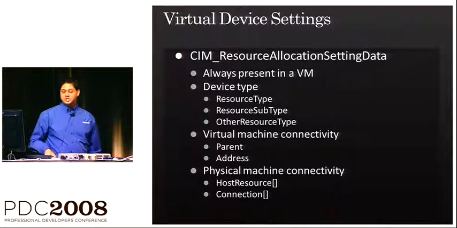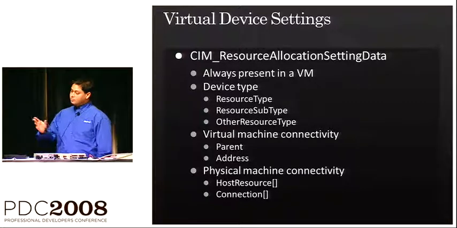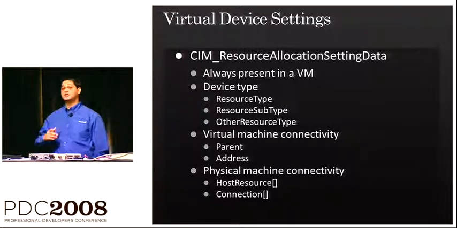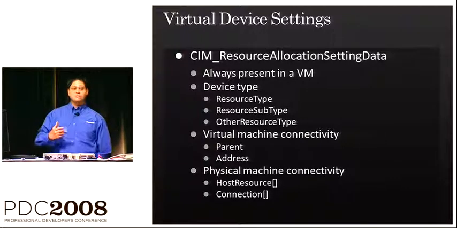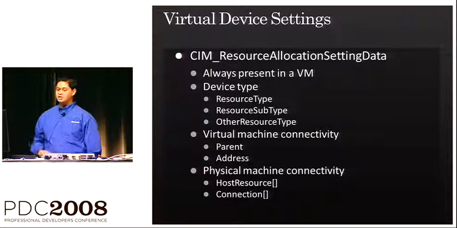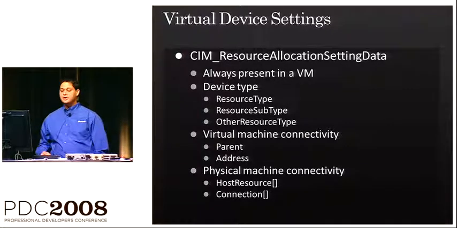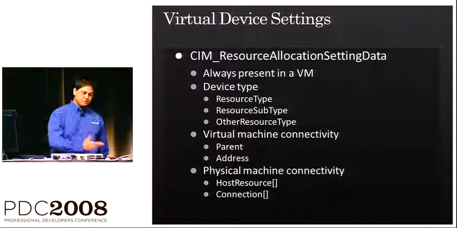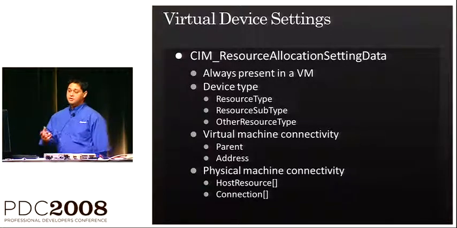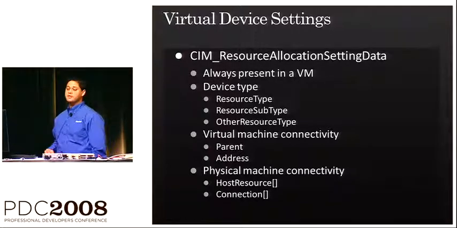And then we've got the physical machine connectivity. That uses the host resource and connection properties. So if you wanted to connect down to a VHD file, for instance, you would use the connection property for that. If you wanted to connect down instead to a physical volume on your parent partition, you would use the host resource property for that.